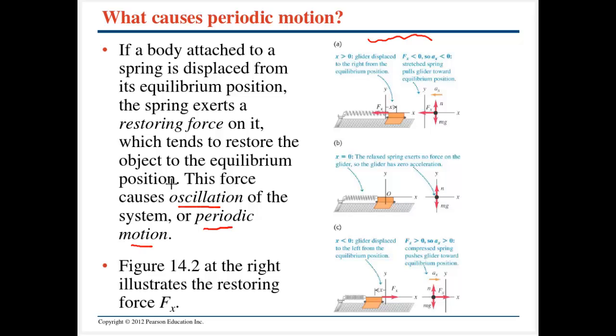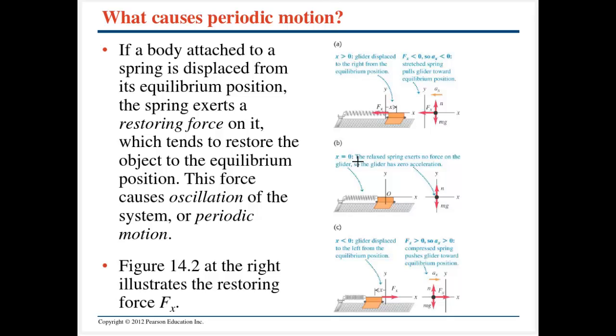Now, what causes this? We need to essentially have a restoring force that is going to tend to pull an object back to its equilibrium position, or its at rest position.